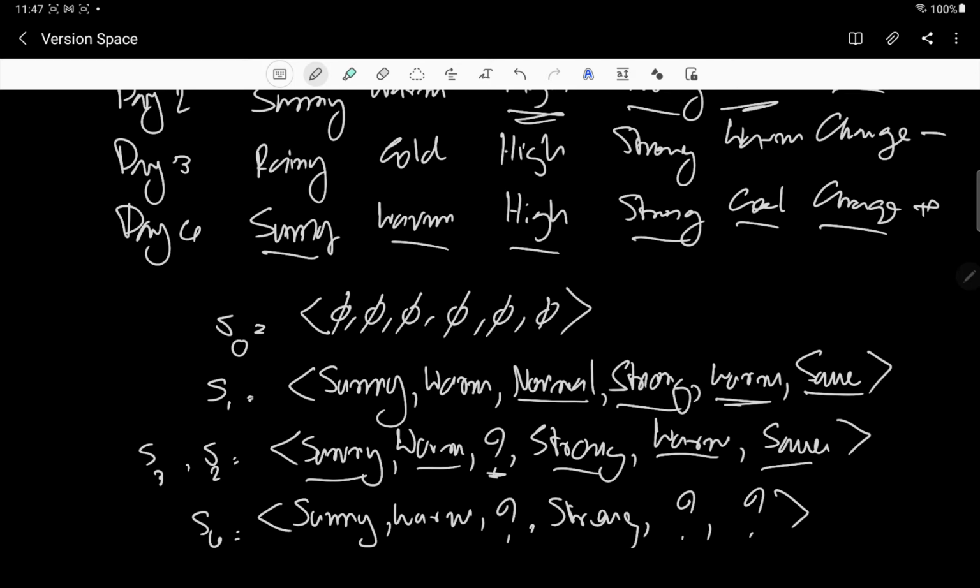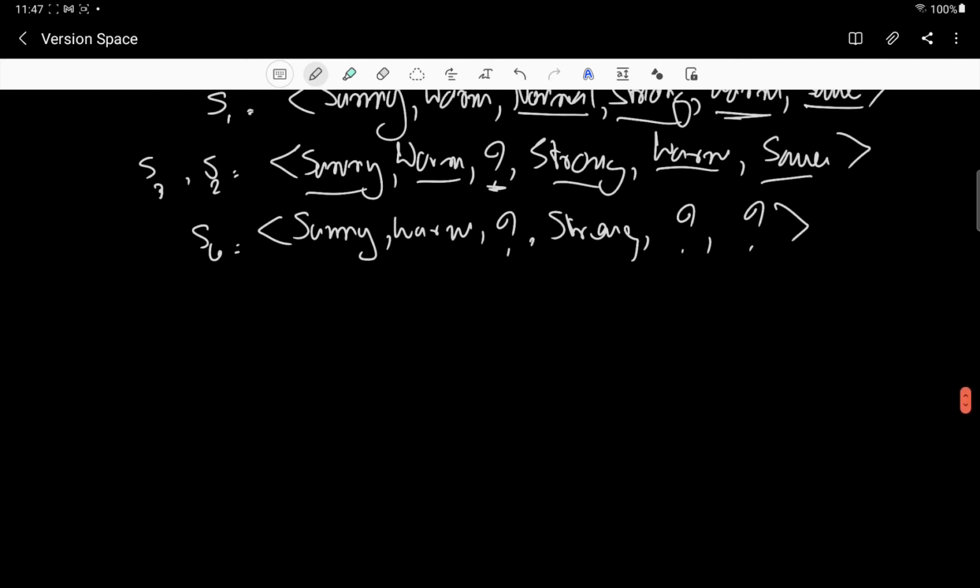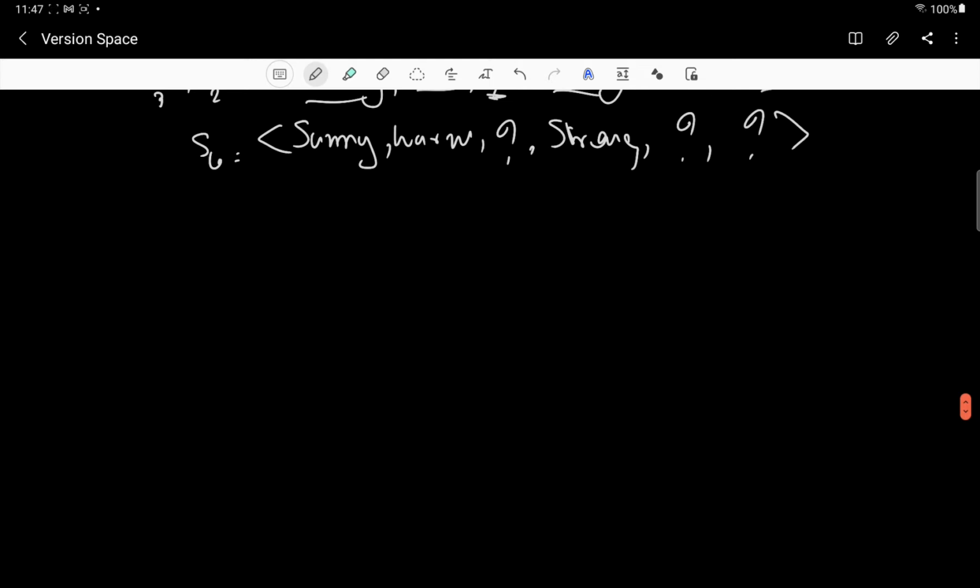How can we guarantee that the most specific hypothesis here that we try to maintain will not cover the negative? I'll tell you. This one is another word called bias.